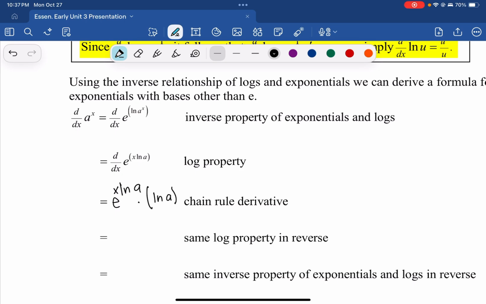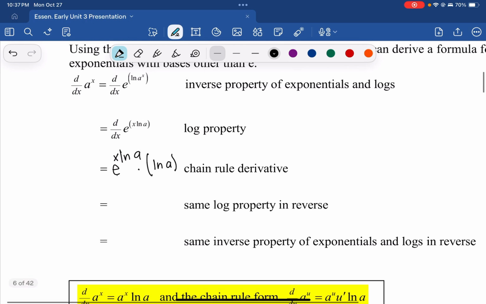Now using our log property in reverse, I can rewrite e to the x times the natural log of a as e to the natural log of a to the x.